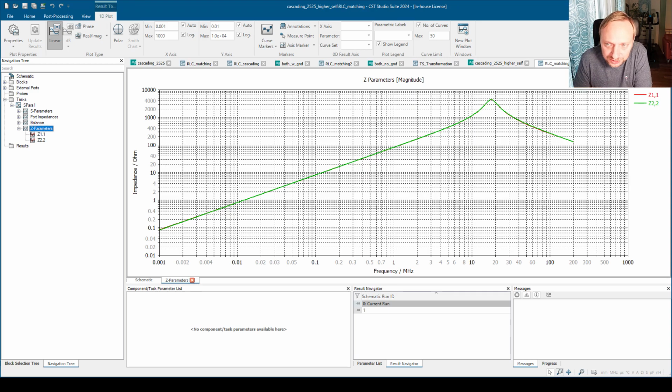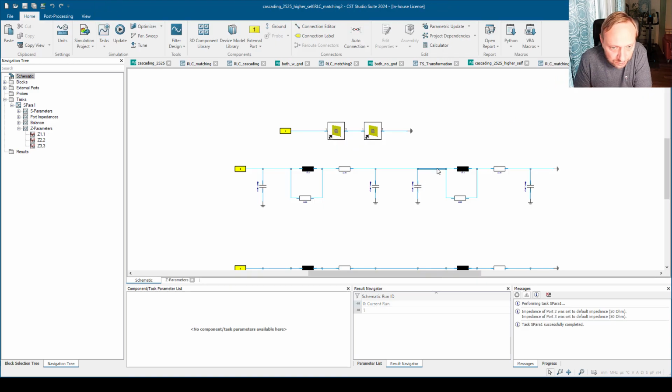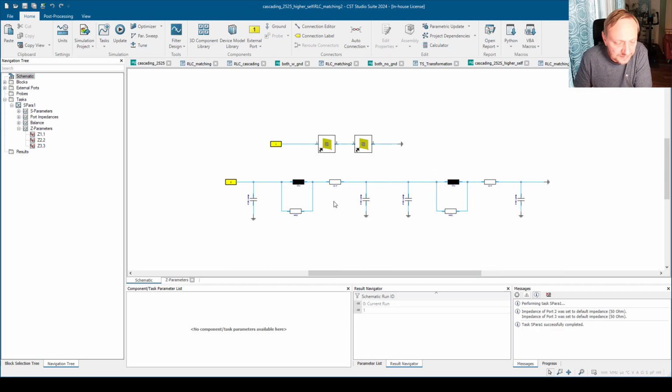So I have increased the self-capacitance. And if I now continue, however, and I build the same approach like I did in the previous case, I get rid of this parallel capacitance and I use capacitances to ground for the shunt capacitances and compare them to the cascaded model. So this cascaded model with the higher self-resonant frequency.